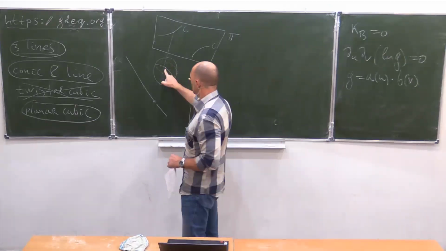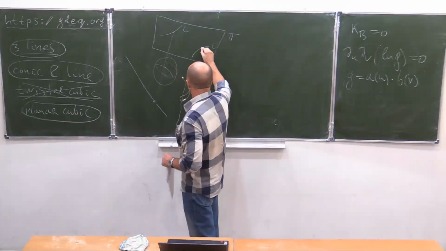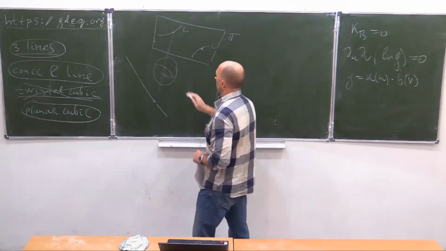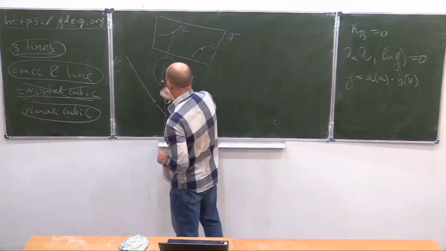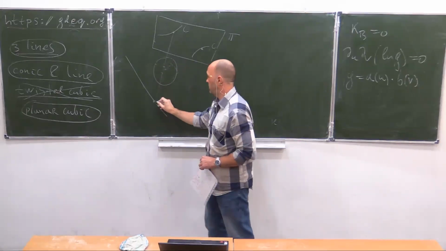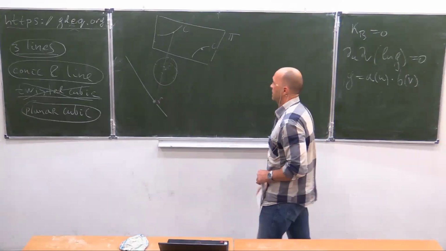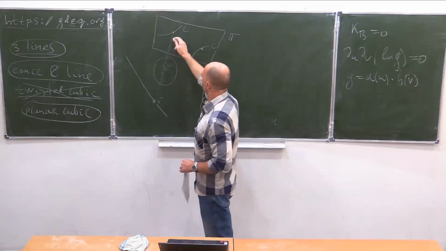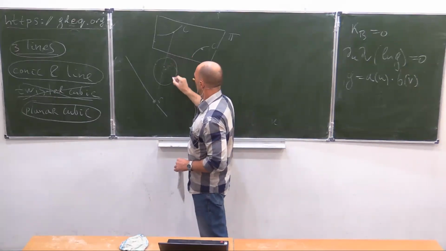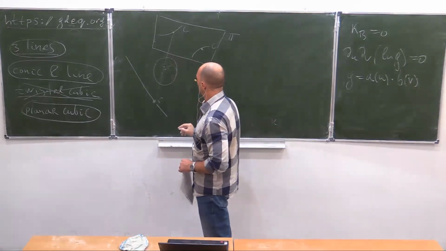So the corresponding point must be here, right? All right. Then let us consider a point here on the line. Where are these 4 singular points on the Darboux quadric?